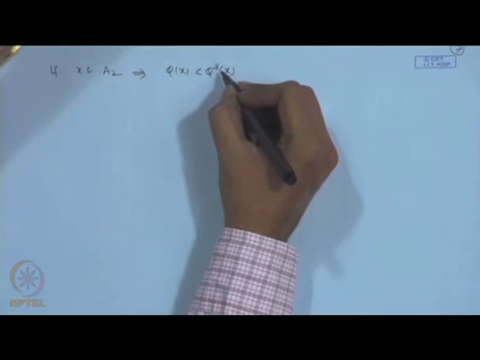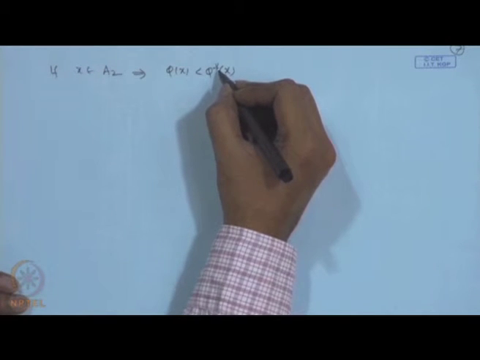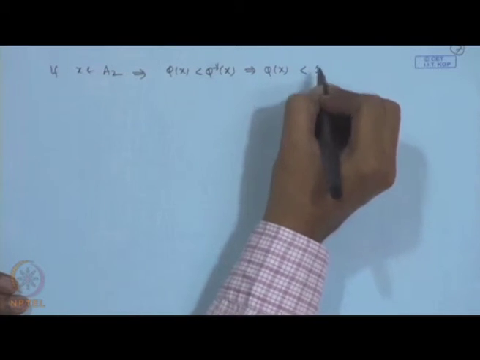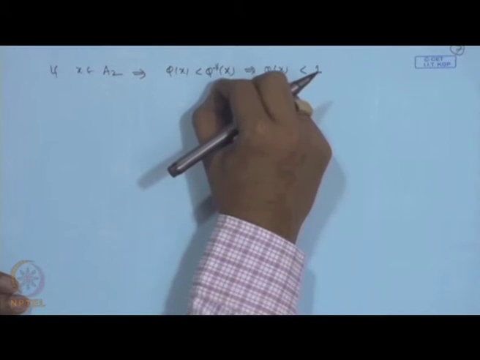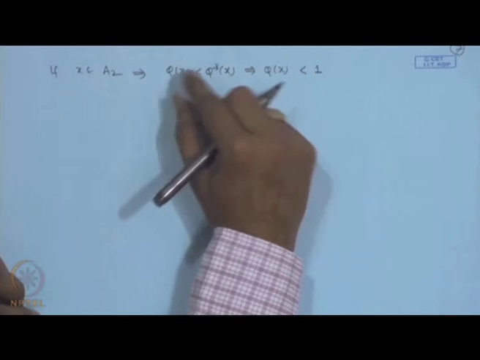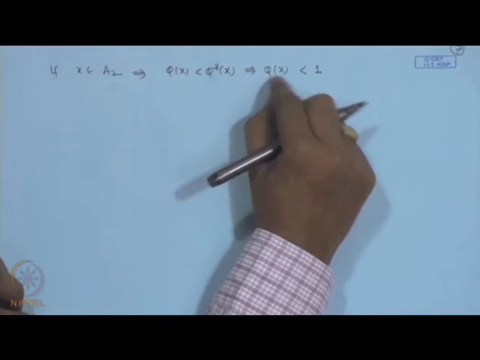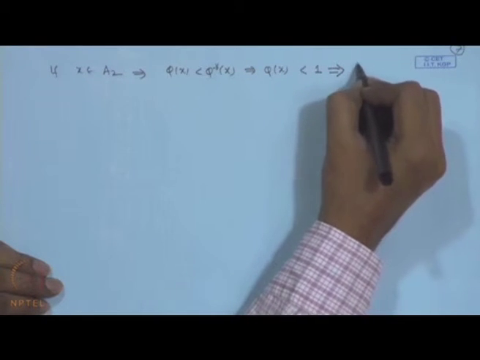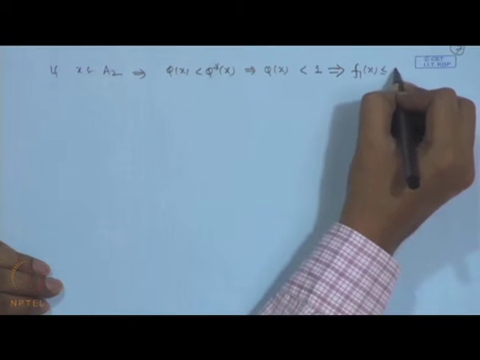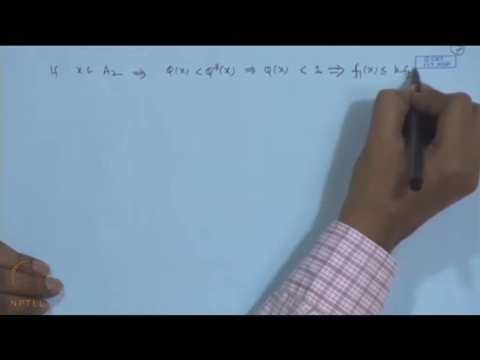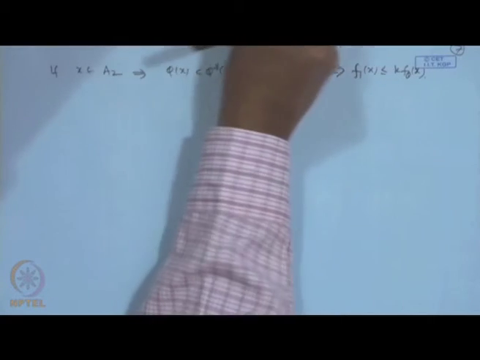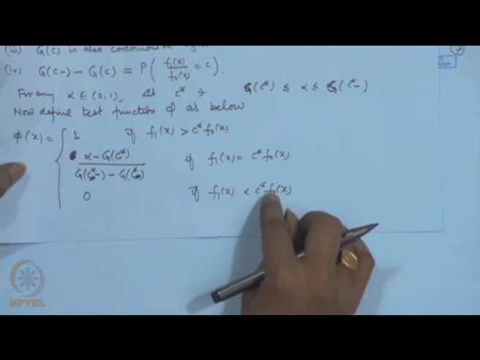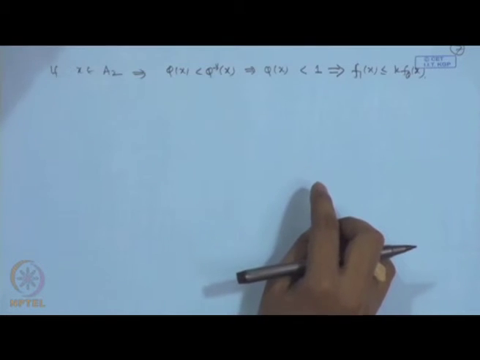Now, this implies that phi x must be less than 1, because the other region is not possible. You can't have phi star equal to 0 and then phi x less than 0. Therefore, phi x must be less than 1, but this is about the region that f1 x is less than or equal to k times f naught x, because in this portion and this portion we have f1 less than or equal to c star f naught.